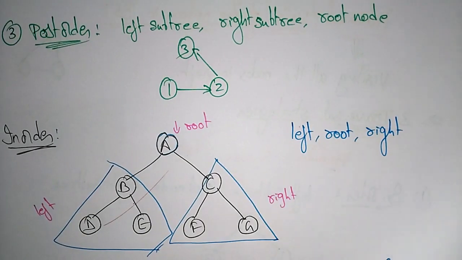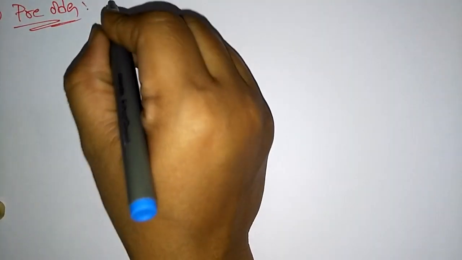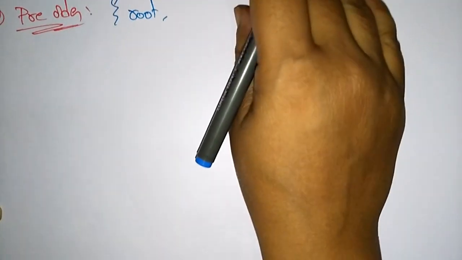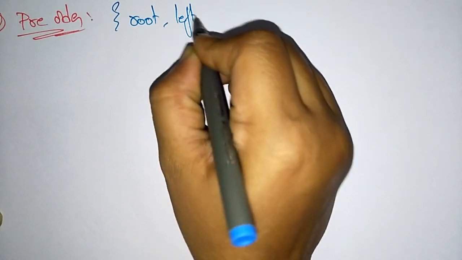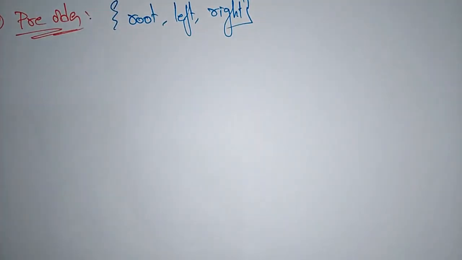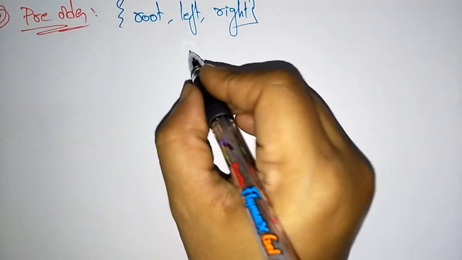So what is the technique for the Preorder? The second one is Preorder. The condition for Preorder is, first we have to visit the root node, after that the left and then the right. Let me write the tree.